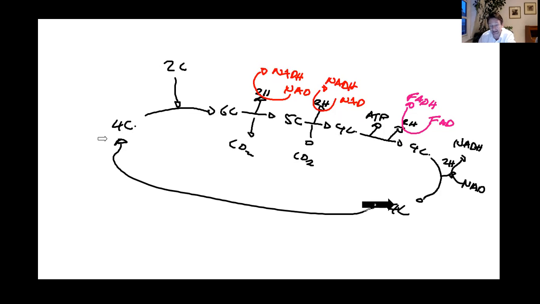What you do need to know is the big picture, that what you have here is a progressive decarboxylation and a progressive oxidation of the citrate through a series of steps to oxaloacetate, and that you're removing the electrons and the hydrogens, and you're using those to reduce the NAD to NADH, and the FAD to FADH, and that you end up producing 3 NADHs and 1 FADH, and also you produce 1 ATP through substrate level phosphorylation.